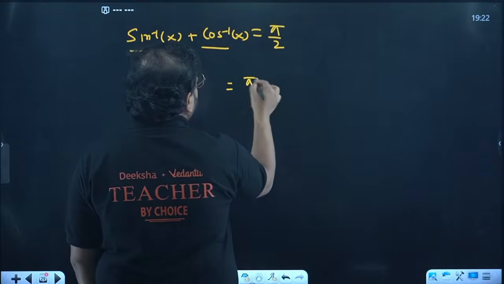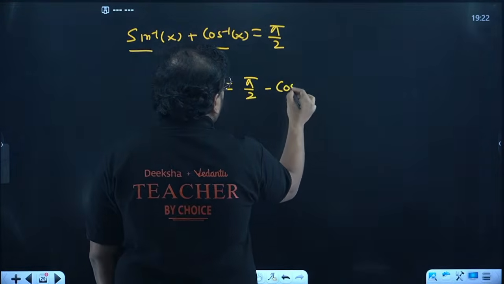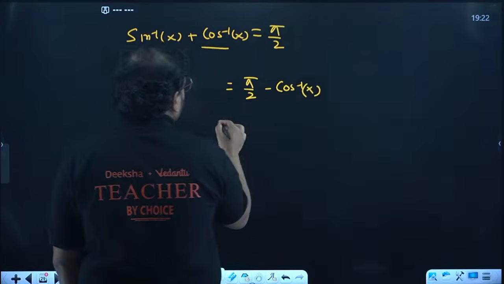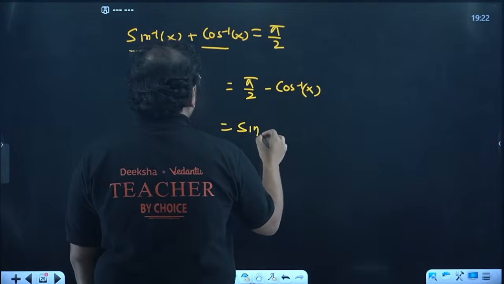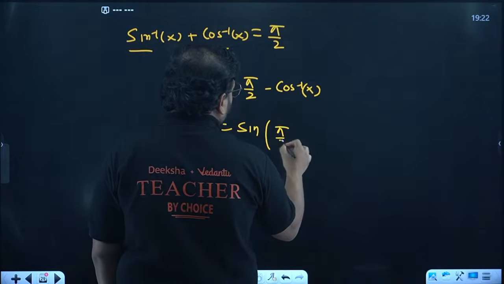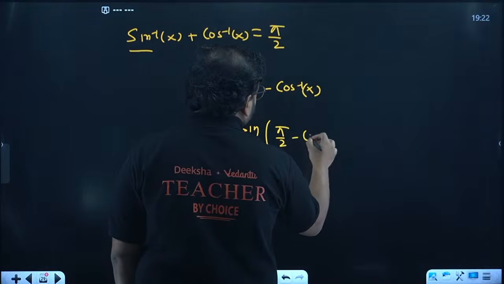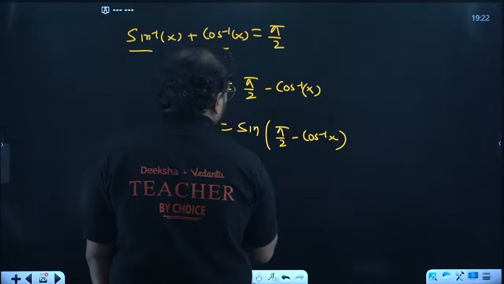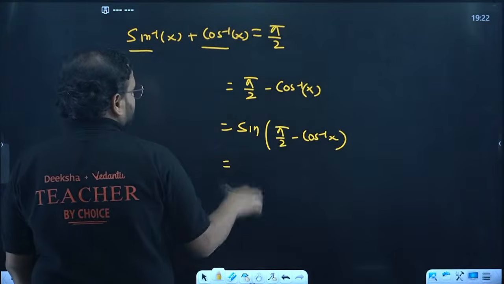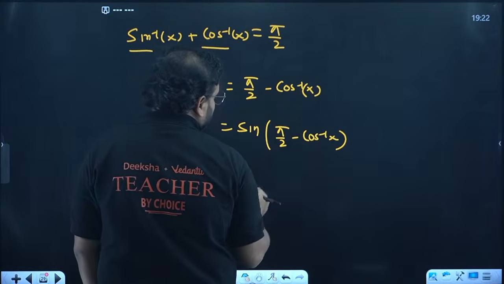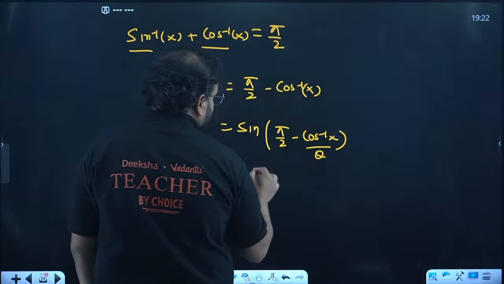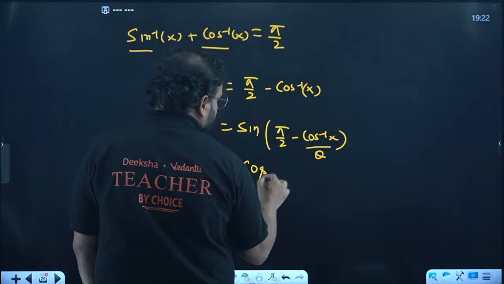So if I do it like this, check, minus cos inverse of x, apply sine over here, sine over here, I get what? Pi by 2 minus cos inverse of x. What happens to this side? Please check. This becomes simply sine of 90 minus theta. This is some angle, right? It becomes what? Cos of theta.